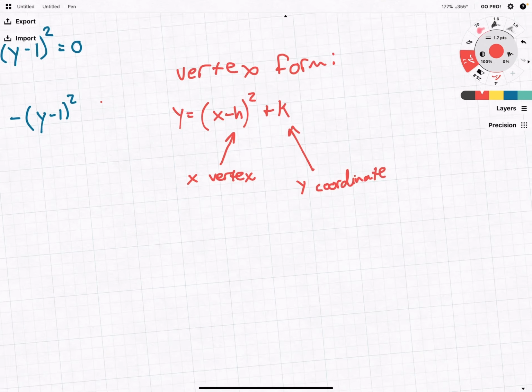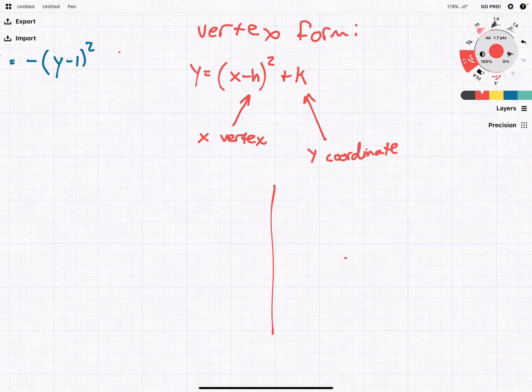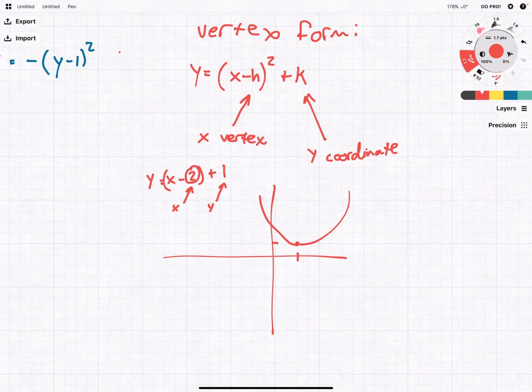Just as a quick example, if we had y equals (x minus 2) squared plus 1, this 2 all by itself is going to be the x coordinate, and this 1 is going to be the y. So our vertex will be labeled at (2, 1), and then the rest of our parabola goes from there.